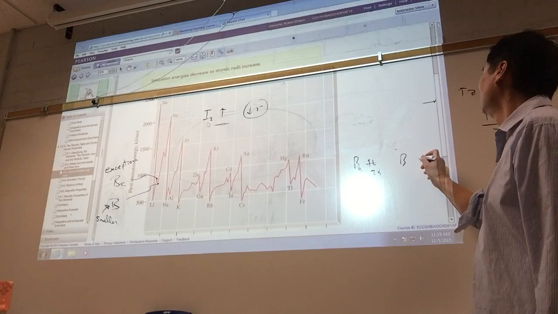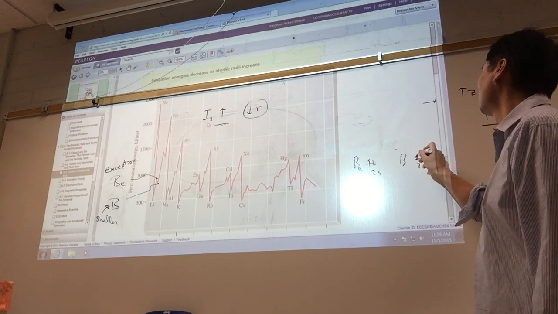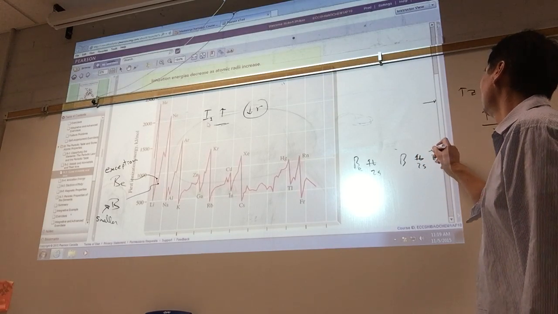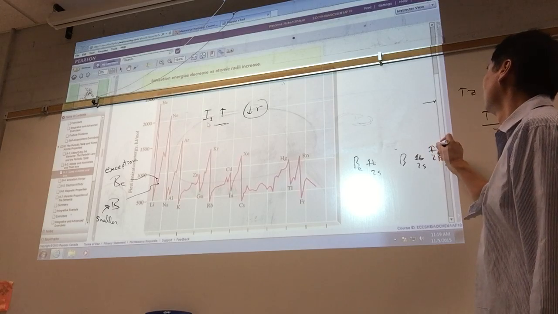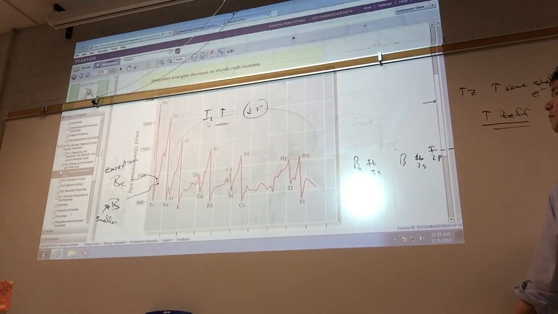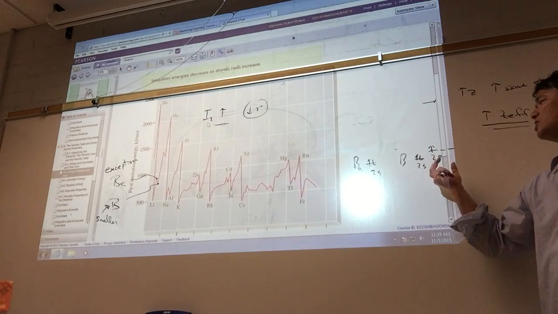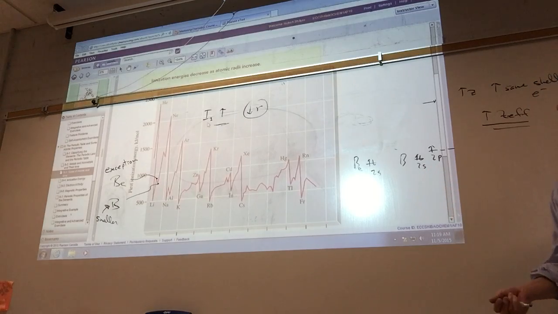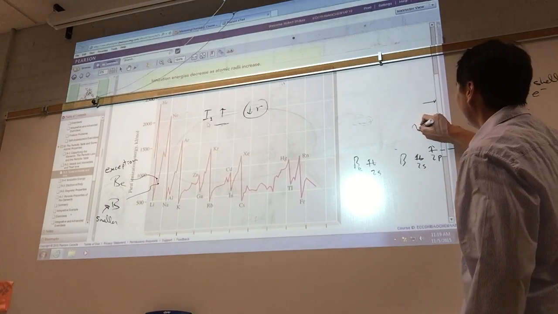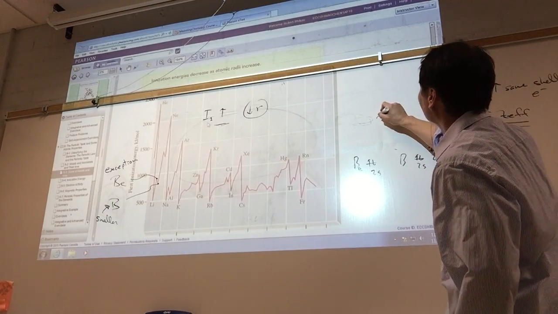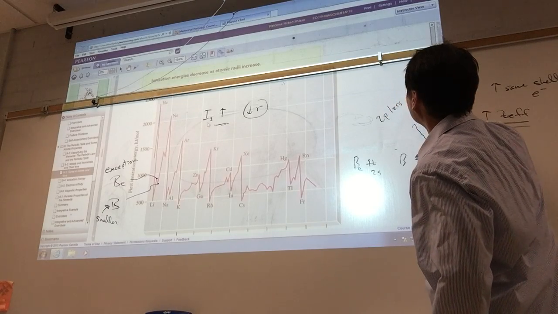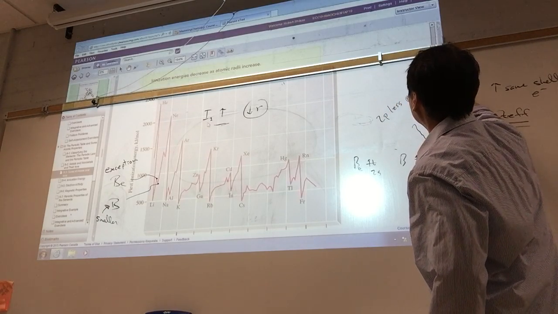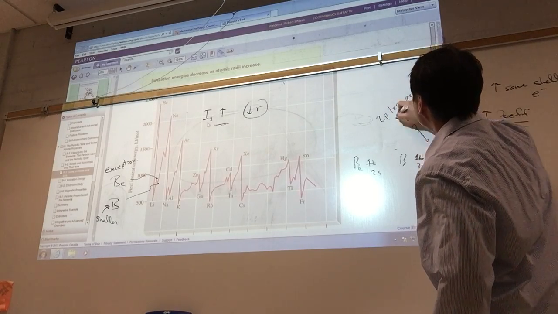In boron, we're not ionizing a 2s electron, we're ionizing a 2p electron. And so even though boron is smaller, the reason why it's easier to ionize is because 2p's are less penetrating. 2p's less penetrating, easier to ionize.